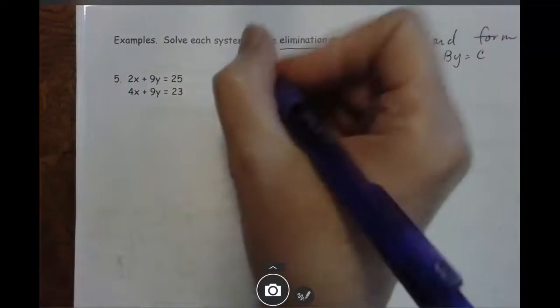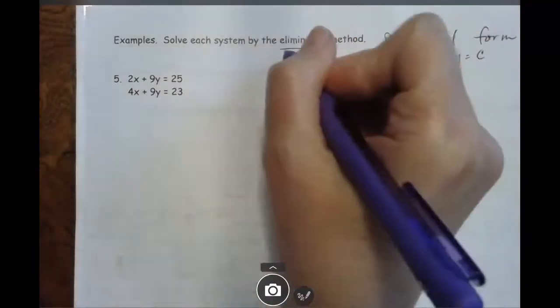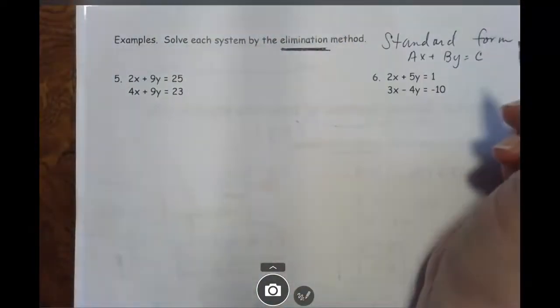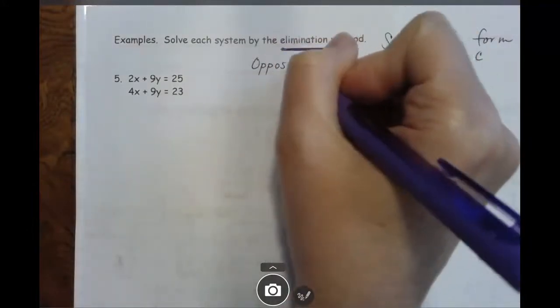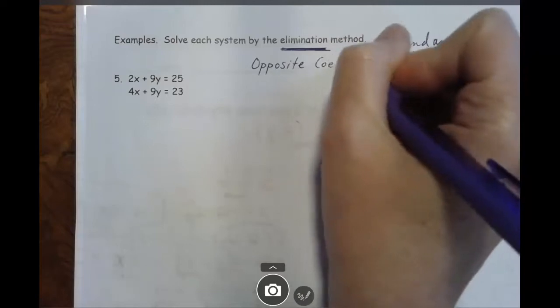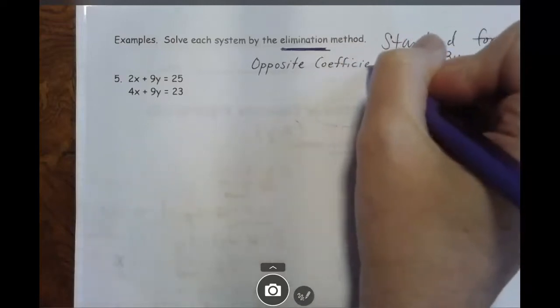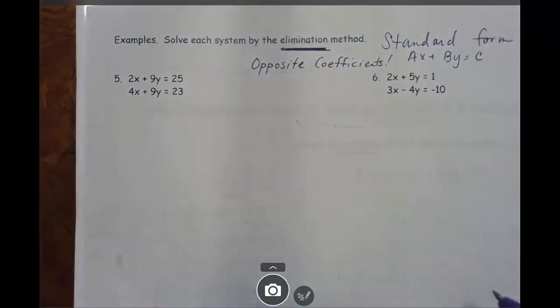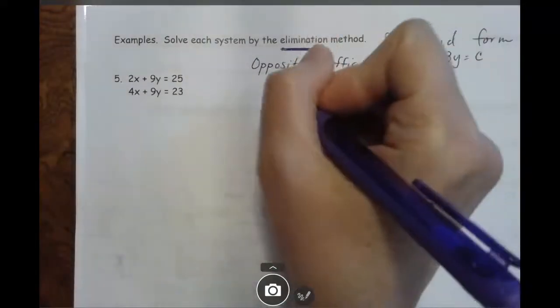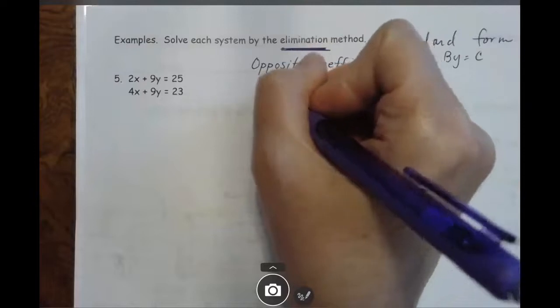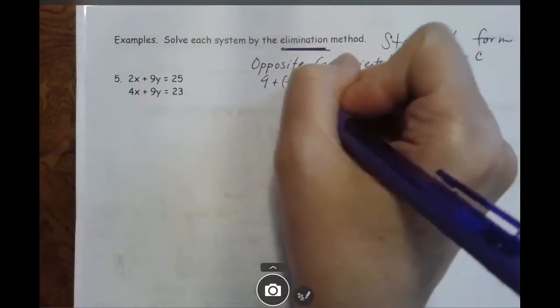And remember, back from the good old days of Algebra 1, in order for something to eliminate, we have to have opposite coefficients. So first of all, an example of opposites, how about positive 9 and negative 9?